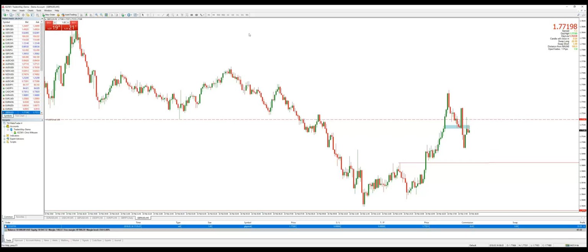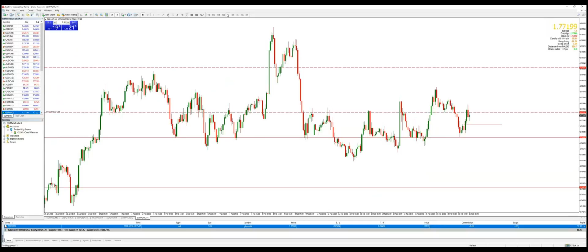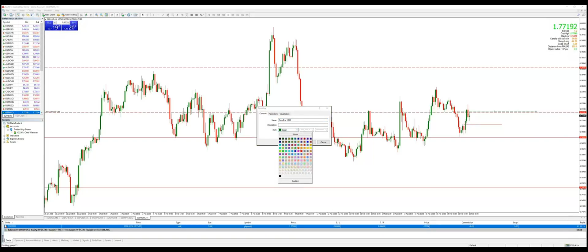Actually, this is not a bearish order block level. My apologies. Let me see if it actually is. Actually, it's sitting right here. Let's change that one.